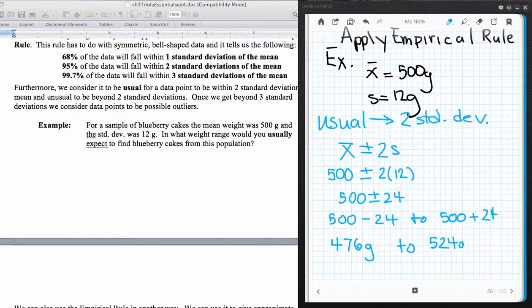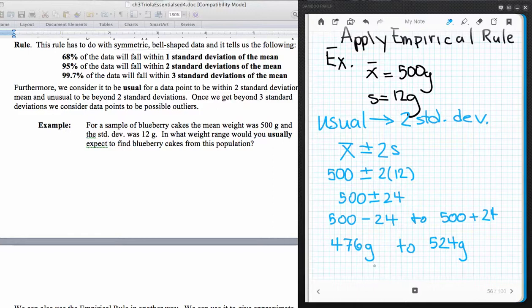So how I would interpret this is I would usually expect the weights of blueberry cakes from this population to weigh somewhere between 476 grams and 524 grams. Or I could say I have 95% confidence, so there's 95% probability that the weights of most average blueberry cakes will be between 476 and 524 grams.